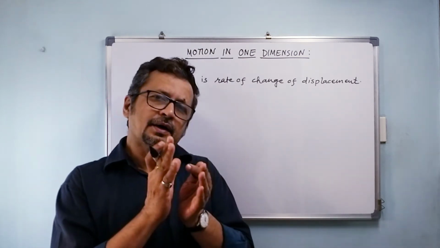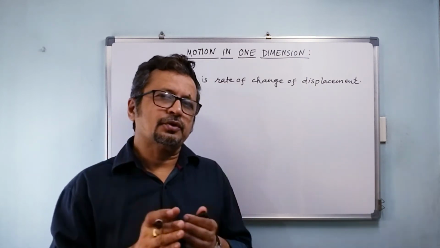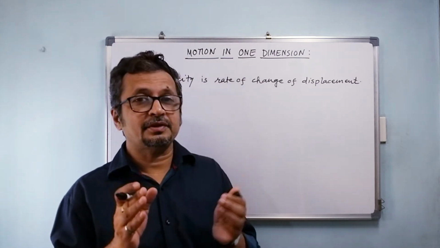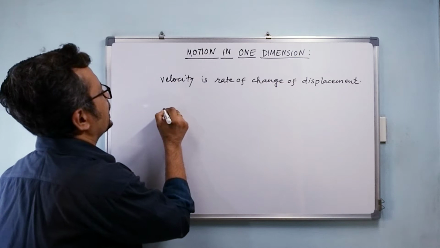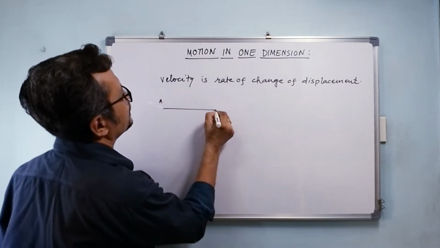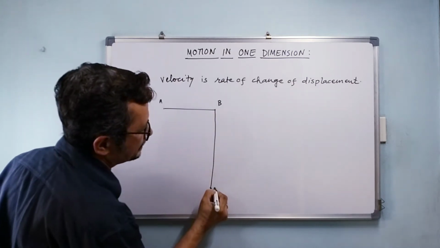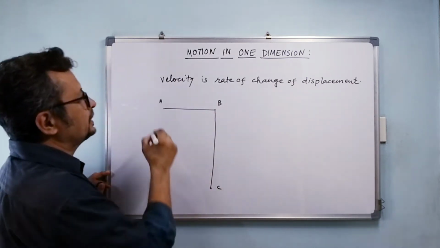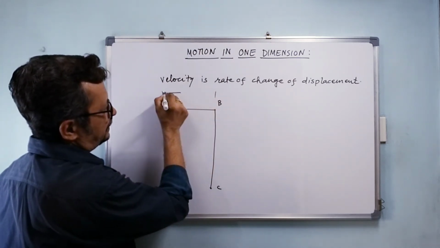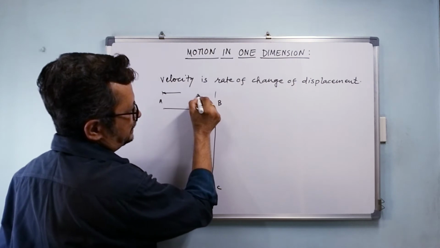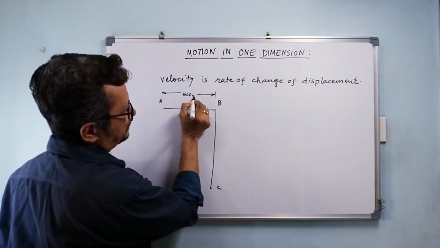Now with an example I'll be elaborating more about the difference between speed and velocity. Now I'm at point A and I move to point B here, and from B I move to point C here. Now the distance from A to B, as we had taken in an example before, is 500 meter.